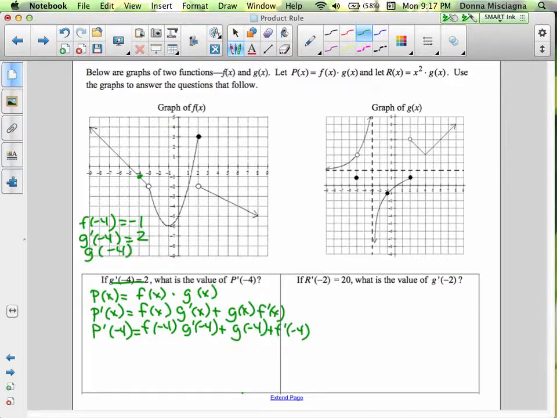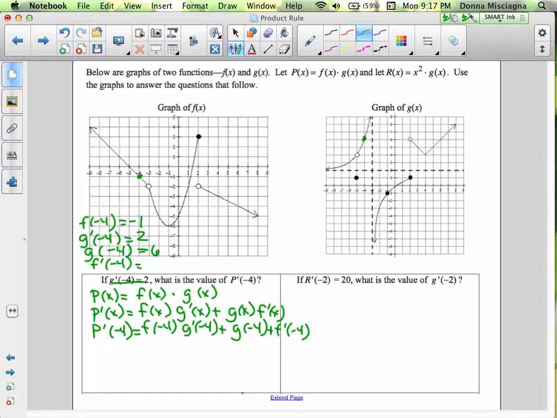Now we need g of -4. We just come on over here, g of -4 is 1, 2, 3, 4. Yeah, that thing's a 4. Right here. And that would be 6. And the last thing we need is f prime of -4. And you might be thinking, hey, they didn't give us f prime of -4.